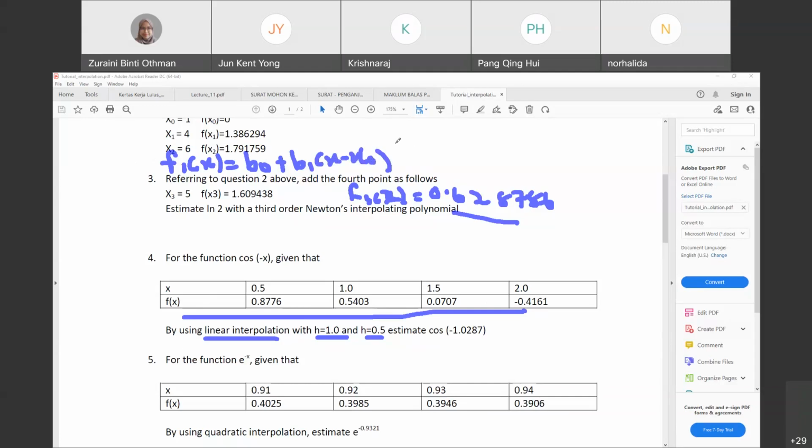Okey, yang ni kita punya persamaan. Okey, tapi soalan ni dia minta kita cari H sama juga dengan 1.0 and H sama juga dengan 0.5. Apa dia H ni? H ni ialah step size between X ni macam skala. Okey, now, bila dia kata H sama juga dengan 1.0. Okey, so sekarang kat situ kalau H sama juga 1.0 bermaksud X0 kita apa?